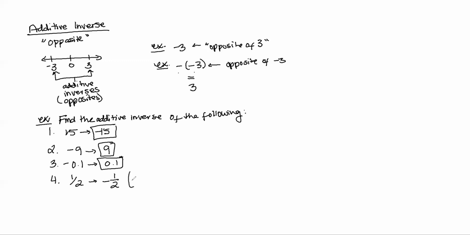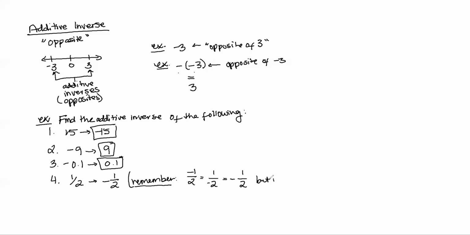For this one, just remember, and this is really important, so this will come up time and time again, if you're putting a negative with a fraction, make sure it goes out in front or on the top or the bottom, but not both. So we could have written this as -1/2, or (-1)/2, or like we did with the negative in front.